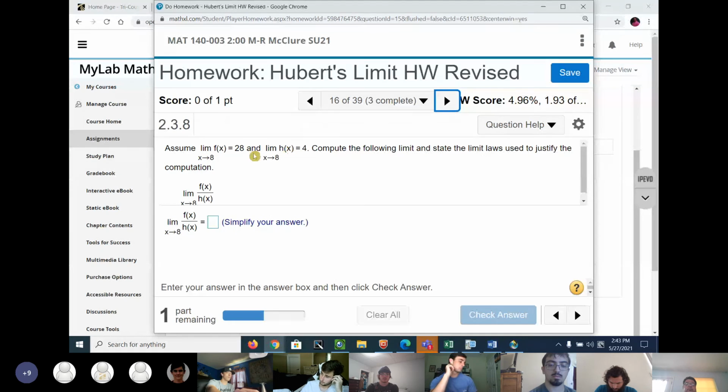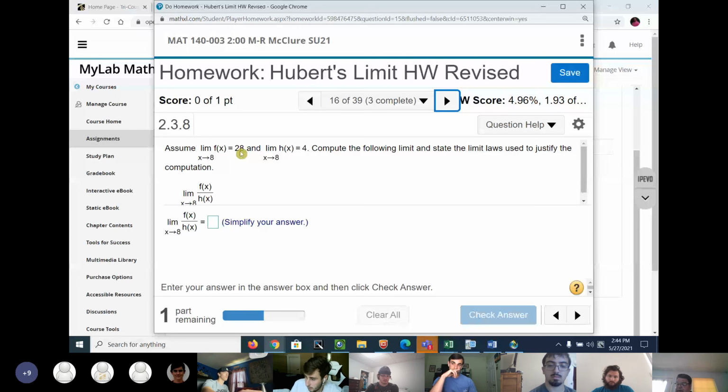You're going to have, let's see, assume limit y is equal to 28. Well, when y is equal to 28, you gotta graph it. Hold on a second. This is kind of a silly question, but I'm going to draw it.